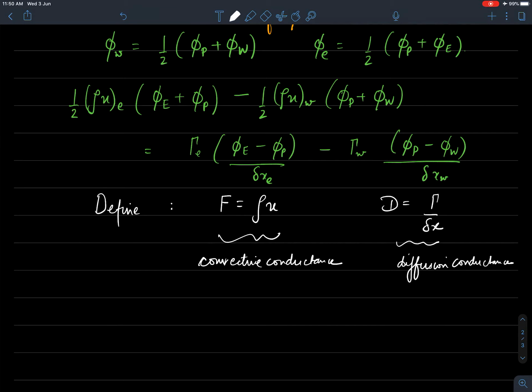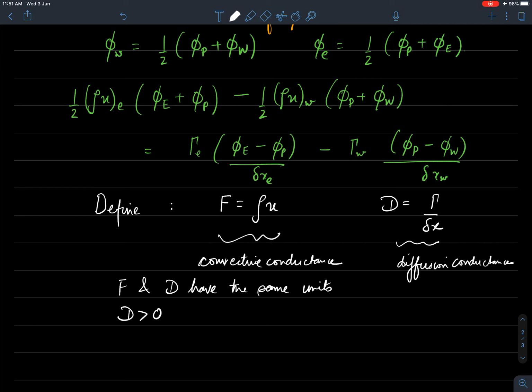Now, these two variables have very special properties. First of all, F and D have the same units, and you may want to verify that. So they have the same dimensions. Secondly, D will always be greater than 0 because it is a ratio of a physical property, which in this case could be the conductivity, the diffusion coefficient, or the kinematic viscosity.